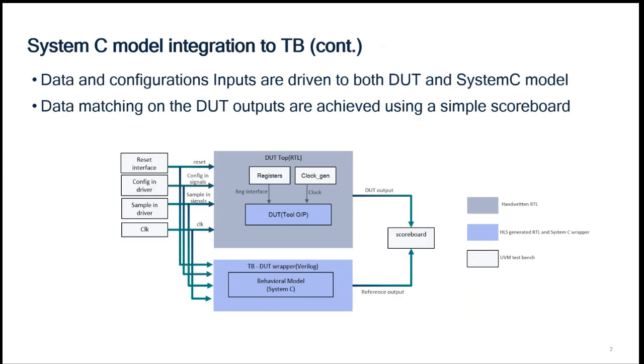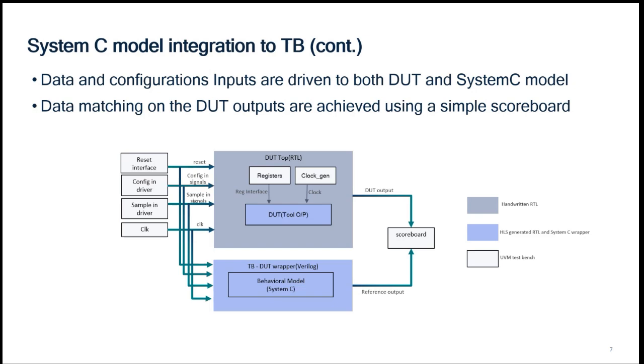The next slide gives a more elaborated view of what is happening. We can give the same input into the design, such as clock, reset, or any control signals, so we just need to feed the same inputs to the test bench. Because the tool provides wrappers, we can easily integrate them and connect the same inputs to the design as well as our reference model.